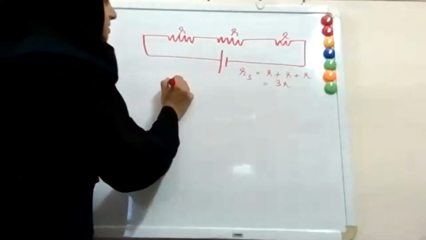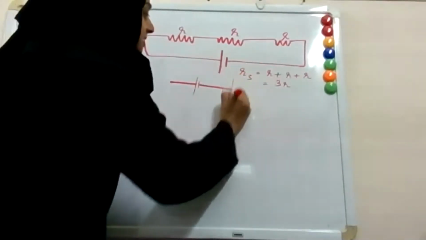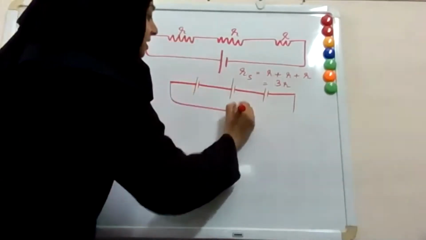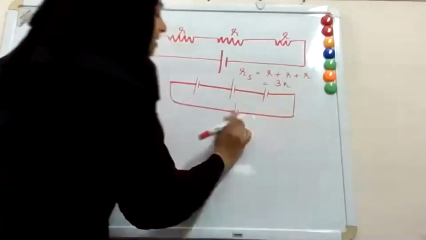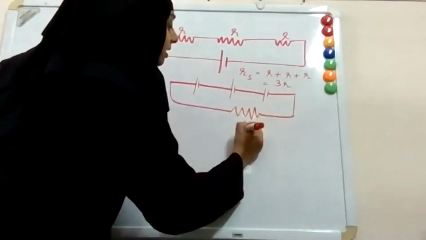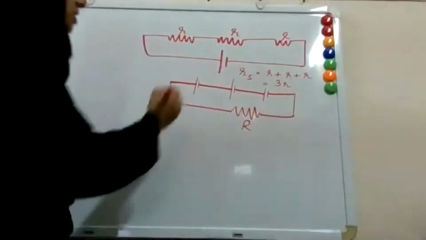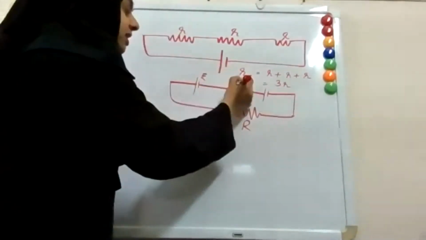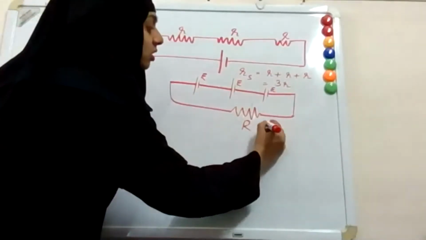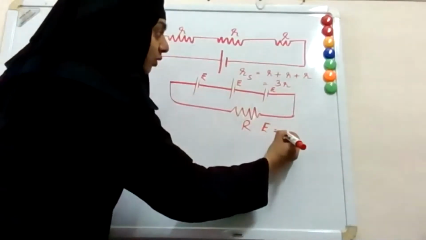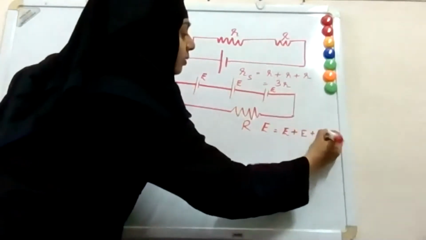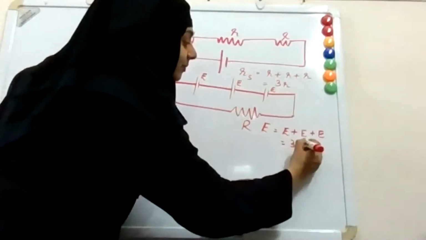Now, if cells are connected in series, the same law will be applied to it. Suppose this has EMF E, this has EMF E, this has EMF E, then the total EMF will be equal to E plus E plus E. What is that? 3E.